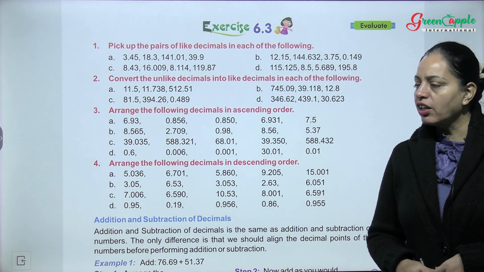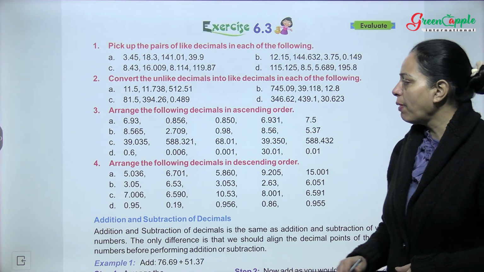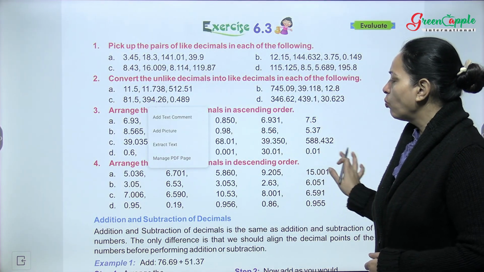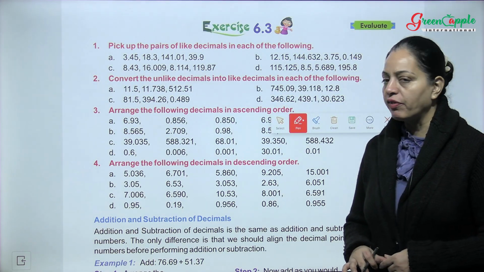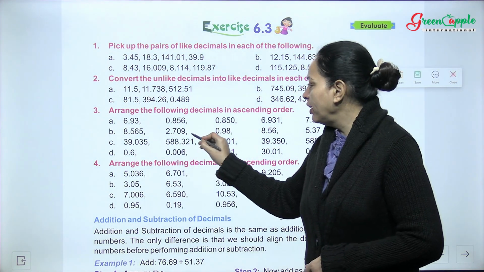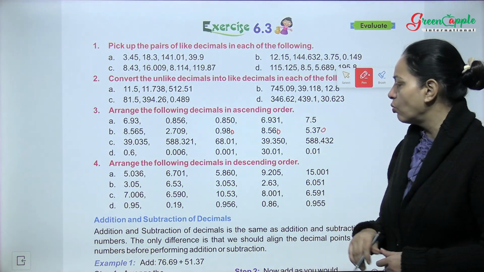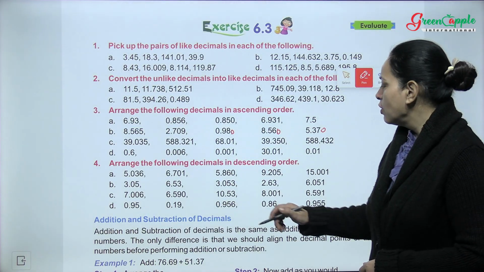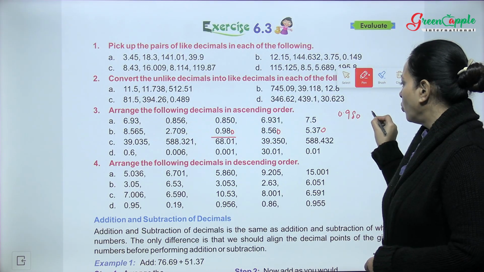And the third, arrange the following in ascending means increasing order, like B part 8.565, 2.709, 0.98, 8.56 and 5.37. So first convert into like decimals. So 3 digit. So write here 0, 0 and here 0. Now see, ascending means increasing order, smallest to greatest. So smallest is this one, 0.980.